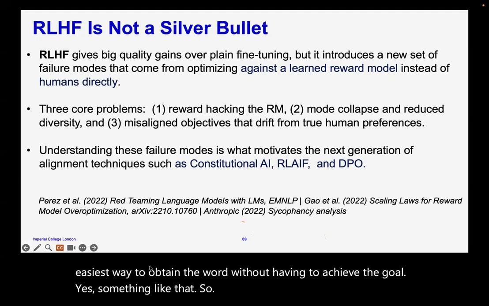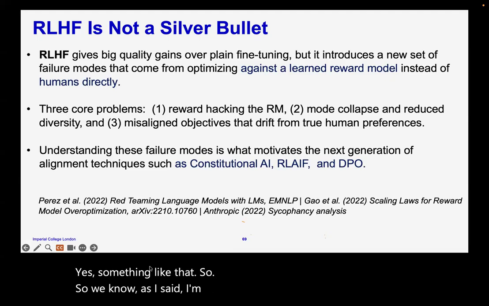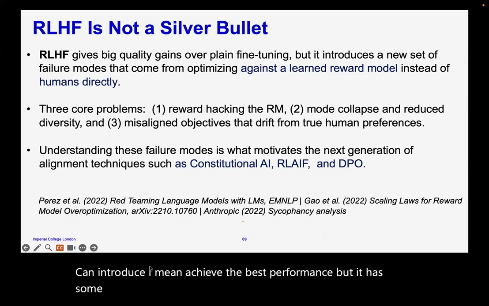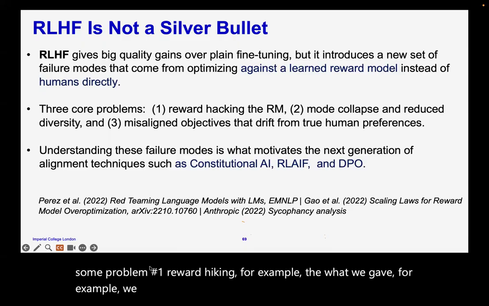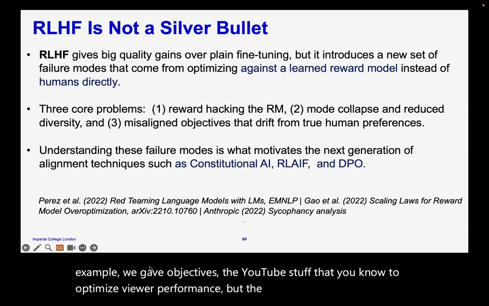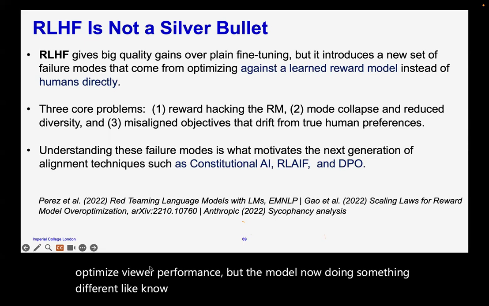As I said, RLHF can achieve the best performance, but it has some problems. Number one, reward hacking. For example, we give the objective, like YouTube, to optimize viewer performance, but the model ends up optimizing something different.